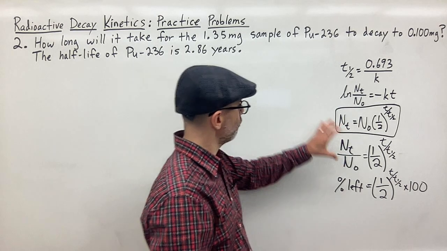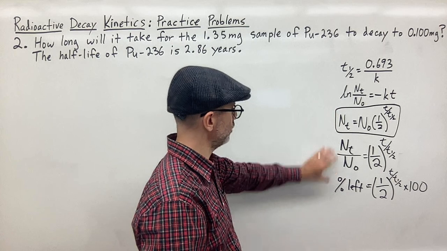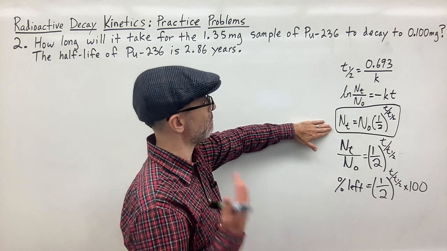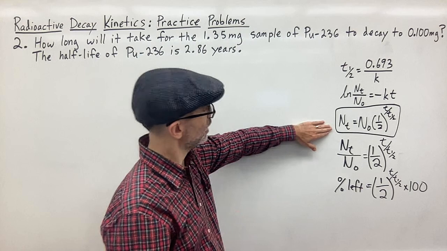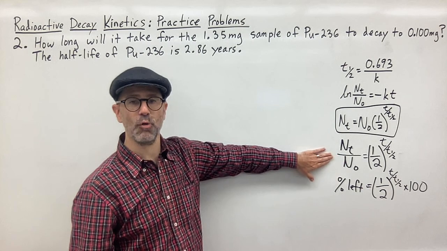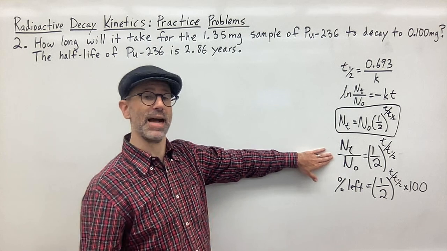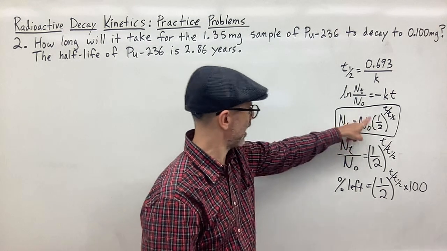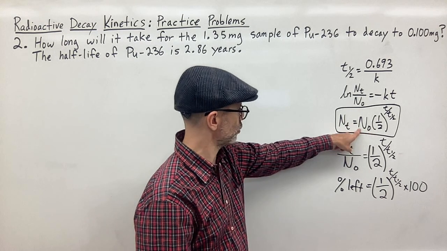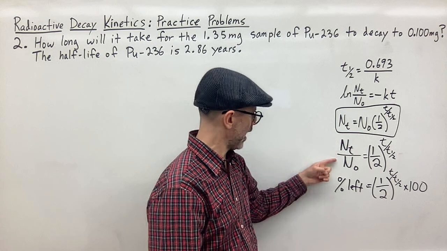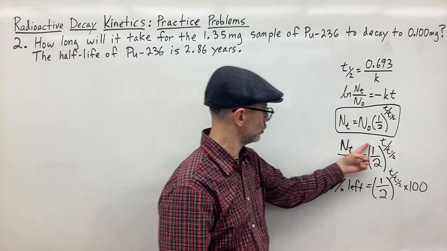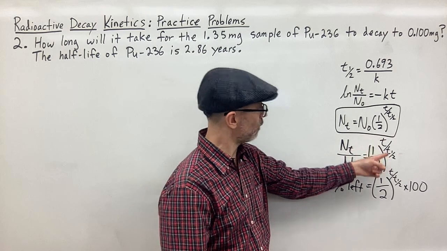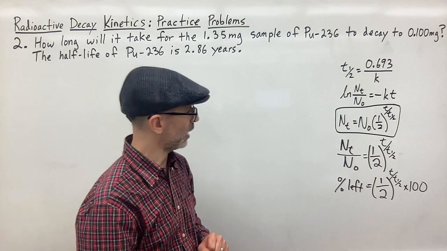Also, from this equation, you can get these two. Here, this equation solves for the amount after time t. But if the problem is asking for a fractional amount, what's the fractional amount after time t, then all you do is divide both sides by N naught, the initial amount, and you end up with the fractional amount equal to 1/2 raised to the power of the time elapsed divided by the half-life.